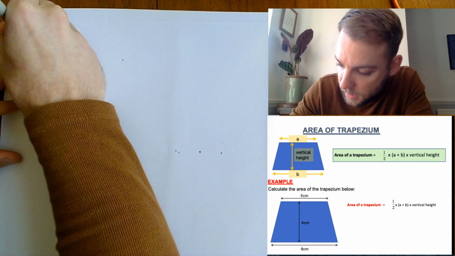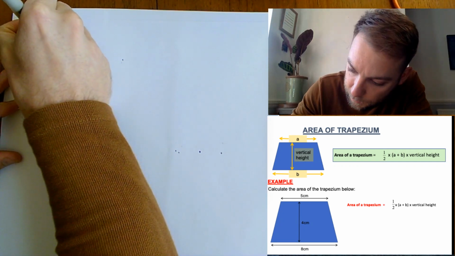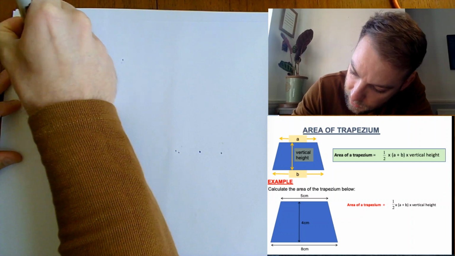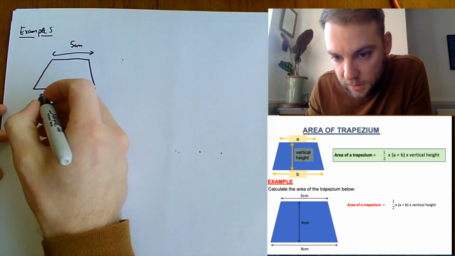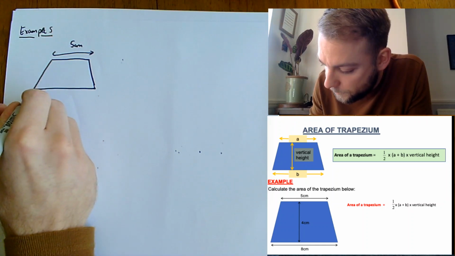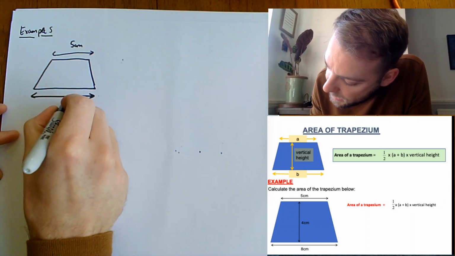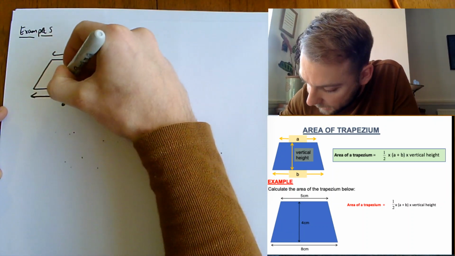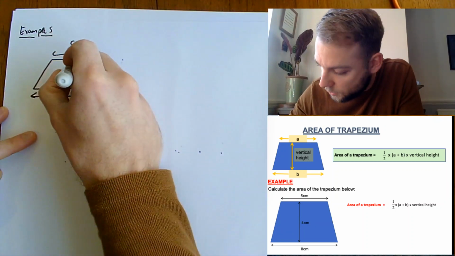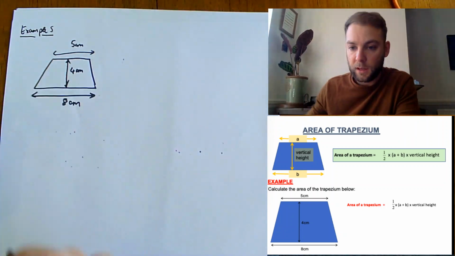So make sure this is in your book. Example 5. So the top is 5 centimetres. The bottom is 8 centimetres. And the vertical height in this case is equal to 4 centimetres.